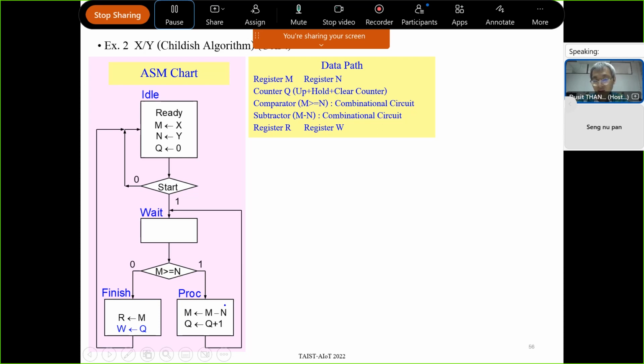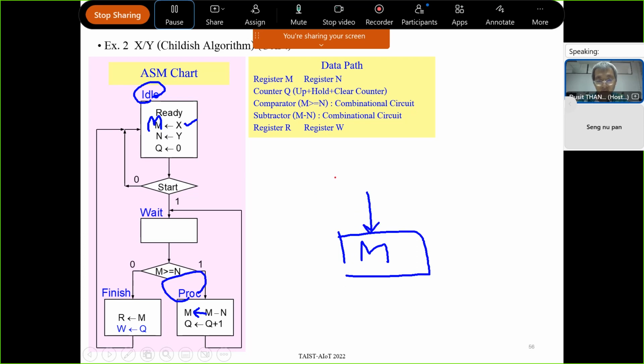And note that at this state, you assign the value of m with x, but at this state, the input of m is from the subtractor circuit. So what happens? For register m, the input at this state is from x, but at this state it is from m minus n.